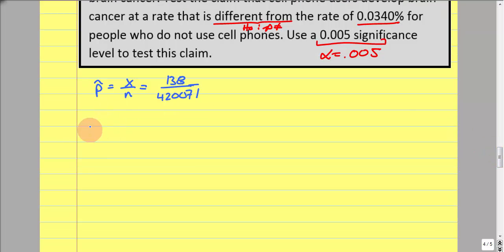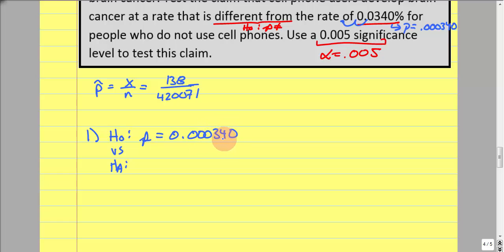So let's go ahead and get started by stating H0 and HA. So H0 versus HA. Now my proportion that I'm looking at is 0.0340%. So the p would be 0.000340. I'd move my decimal 2 places to the right to convert this to a decimal from a percentage.